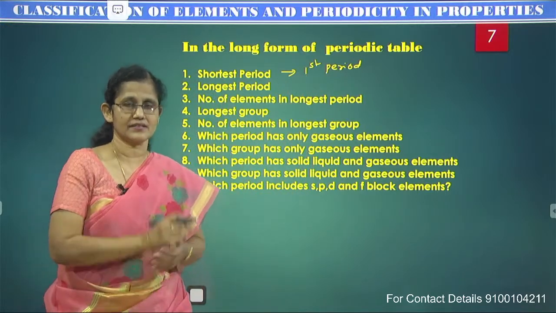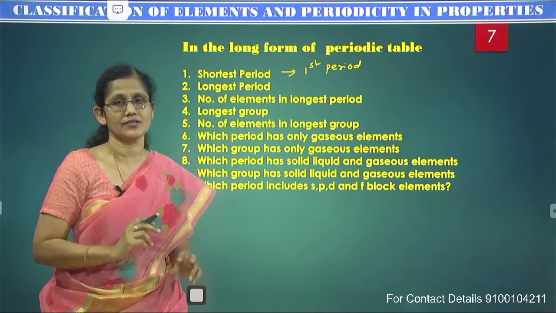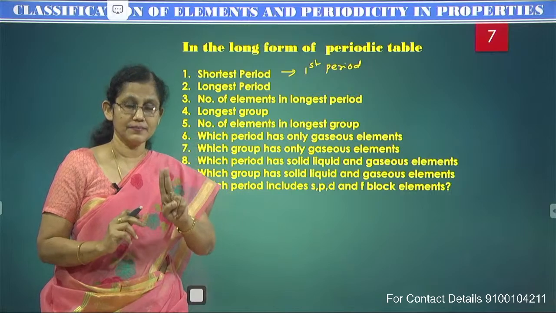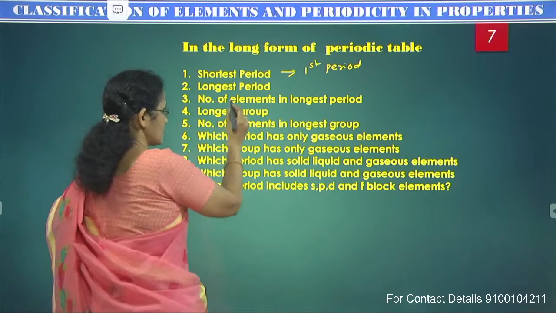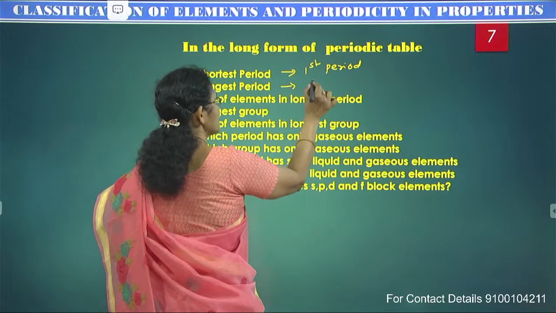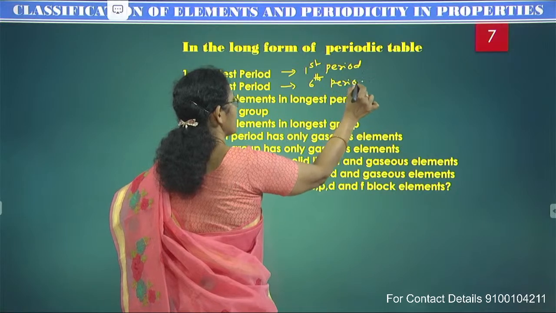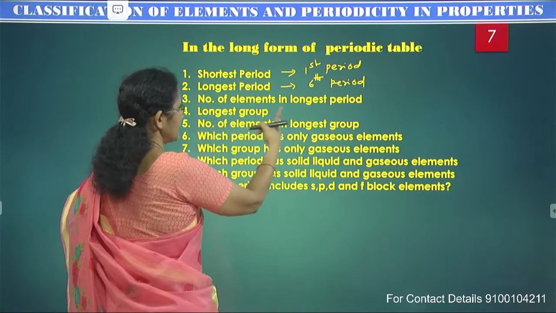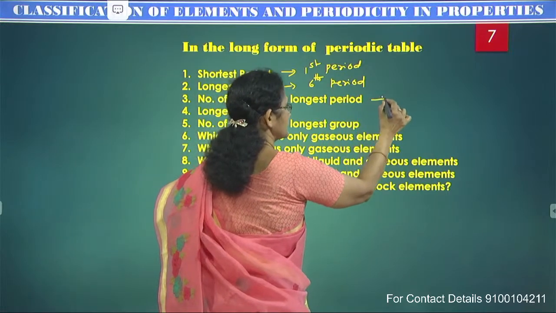Just now we discussed. 6th period is the longest period with 32 elements, 2 in S block, 6 in P block, 10 in D block, 14 in F block, right. So, longest period is 6th period. How many number of elements in the longest period will be? 32 elements.